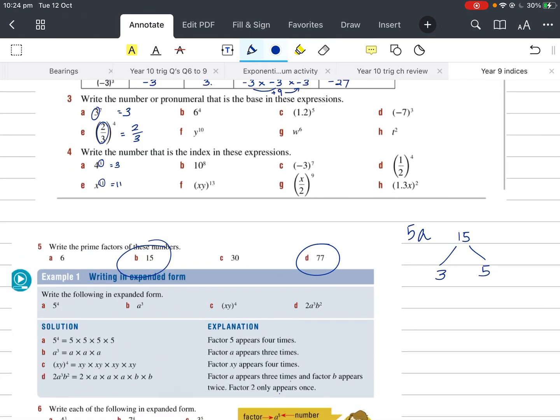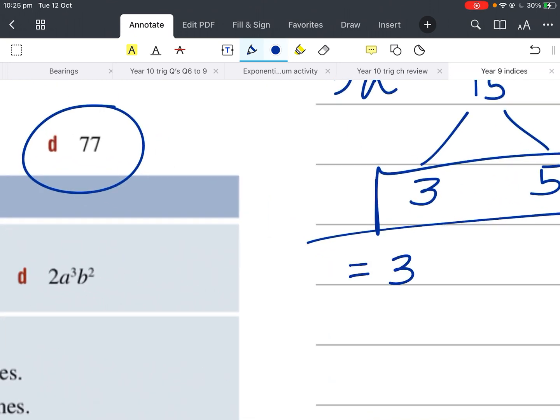Okay, and then you say to yourself, right, can I reduce 3 and 5 down by anything else? Not 1. So 3 can only be 3 times 1 and 5 can only be 5 times 1. So I can't actually reduce it down to anything other than 1 times 3 or 1 times 5. If I can't go any further, I leave it as 3 times 5, and that is my answer. The prime factors of 15 therefore are 3 times 5.